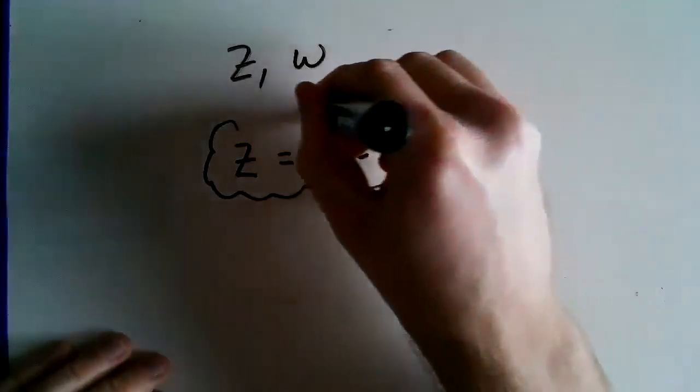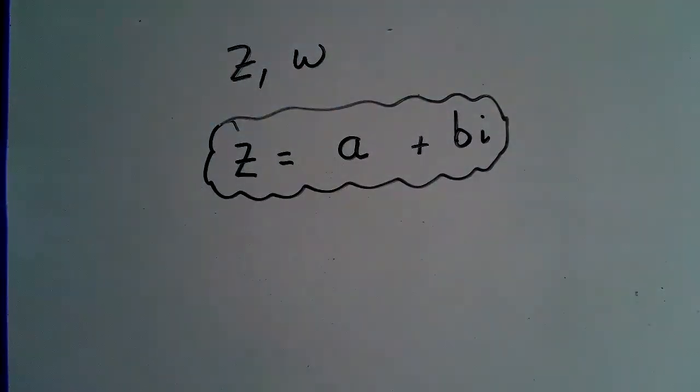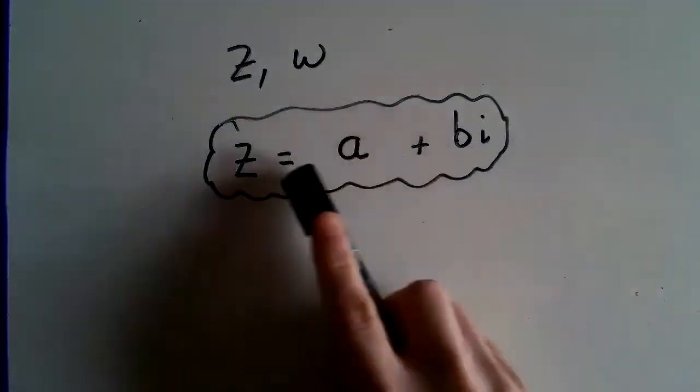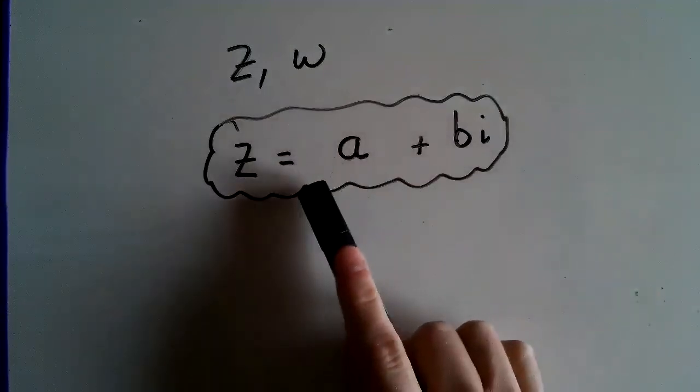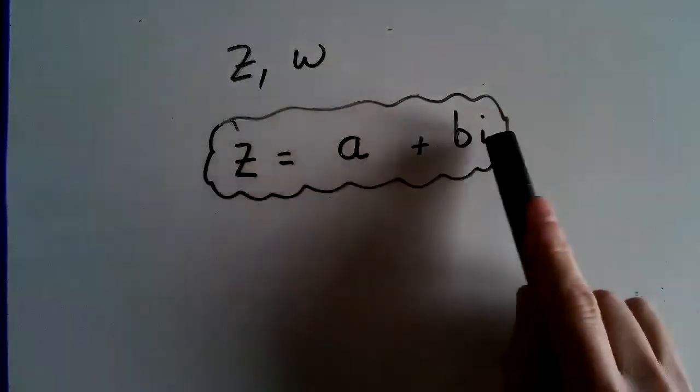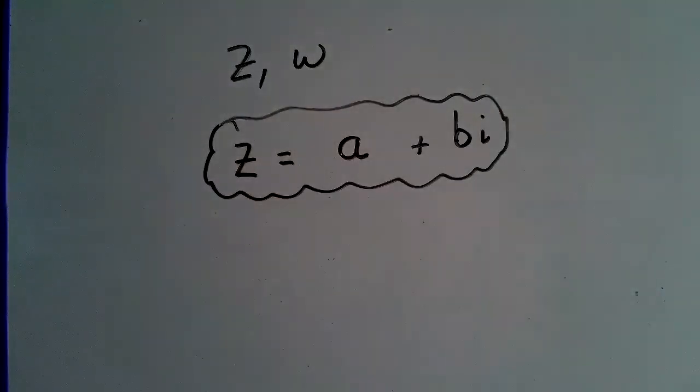So the rule is if I add two of them together, I add the real parts together and add the imaginary parts together, same for taking away. If I times it by a real number, I just times both terms by the real number. And if I divide by a real number, I just divide both terms by the real number.